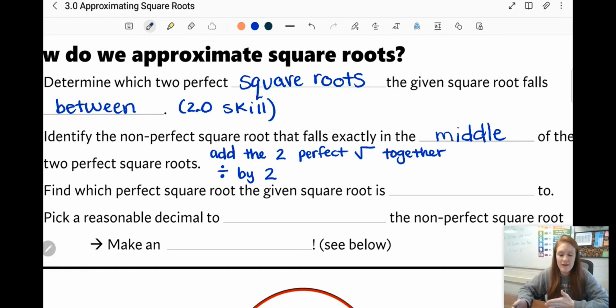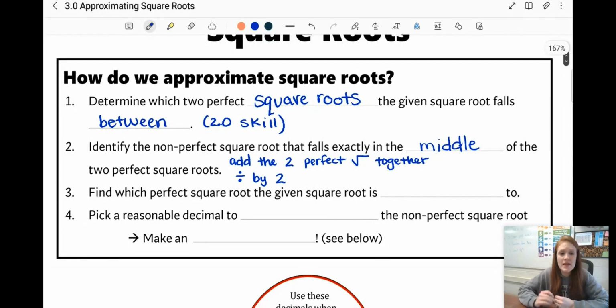That's how we find an average. We add the two perfect square roots together and we divide by 2. And I will give you some tools to do that in our examples as we talk, because you're not going to have a calculator. And so we're going to kind of help us find that middle point, or about what that middle point is, okay?